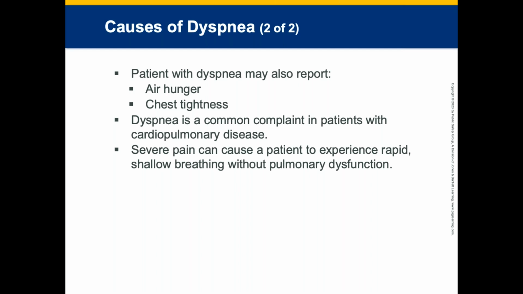Severe pain can also cause the patient to experience rapid, shallow breathing without any pulmonary dysfunction, right? So pain can cause tachypnea. So what can we do to reduce pain? Breathing deeply may also cause pain because it expands the chest wall. So when assessing a patient for complaints of dyspnea, ask about chest pain. What does it feel like? Is it sharp, dull?